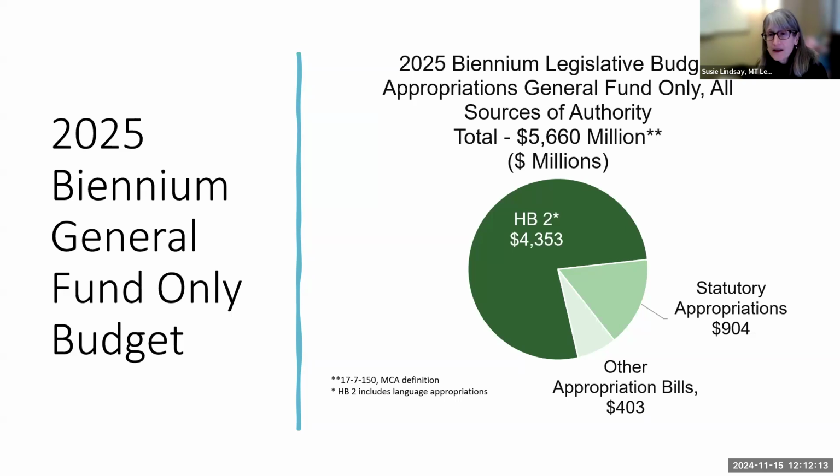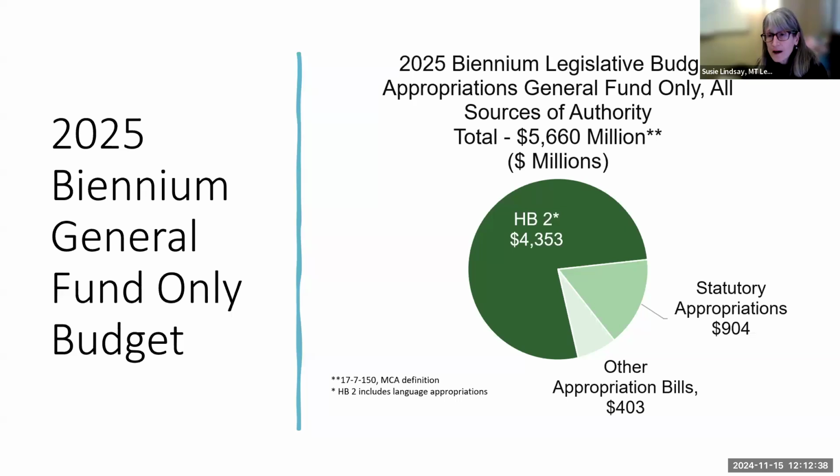You can see that it's just about 5.7 billion, and a good portion of that is House Bill 2. You can also see on this slide in small letters that it has the 17-7-150 designation at the bottom, so this is a reporting of state resources, but general fund only.